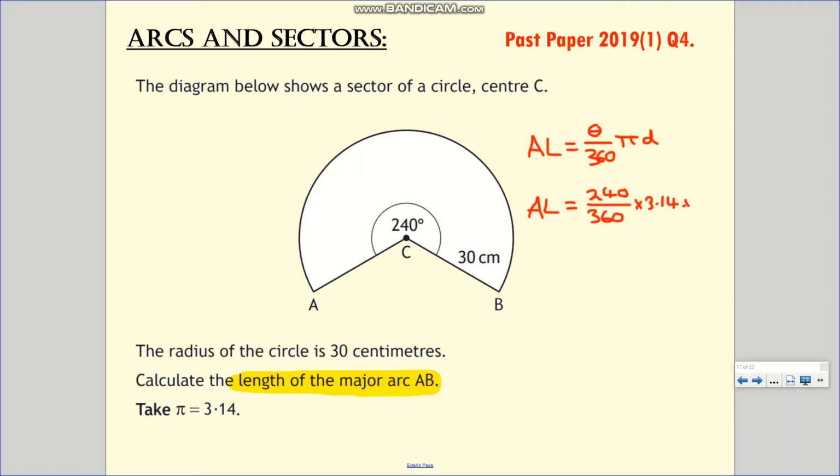And then I'm going to multiply by the diameter, which in this case we've got a radius of 30, so our diameter is 60. Be very careful. If your formula calls for diameter, you've only been given radius, you have to multiply it by 2. Conversely, if you've been given diameter and you need radius for your formula, then you need to halve it.